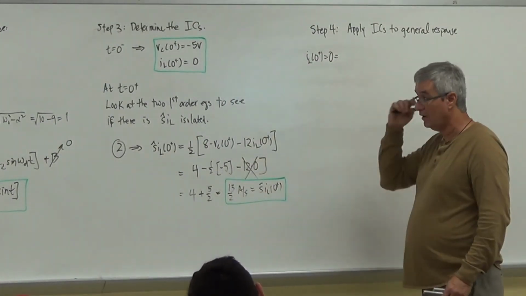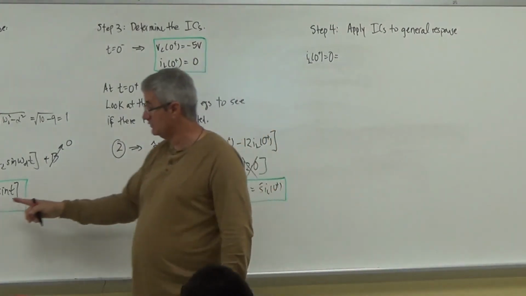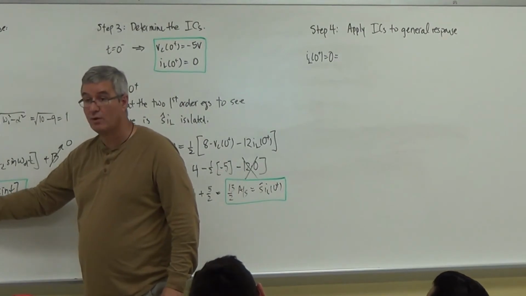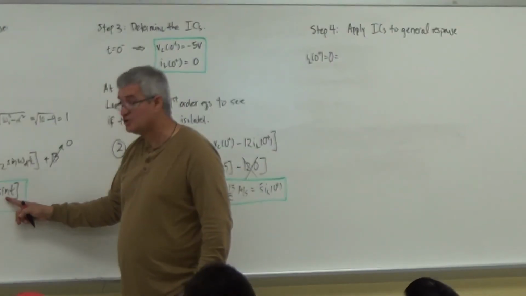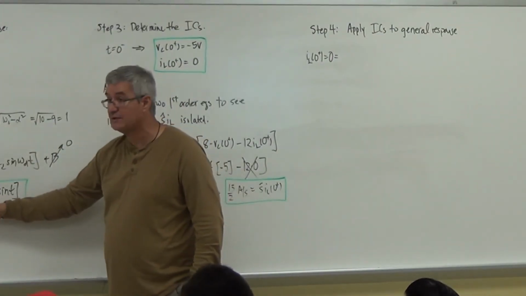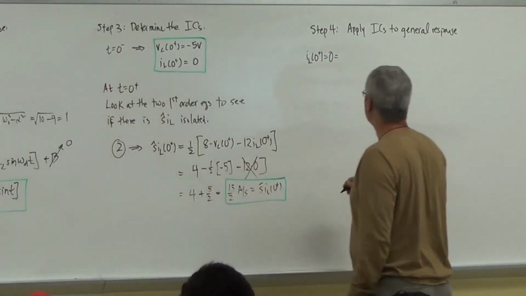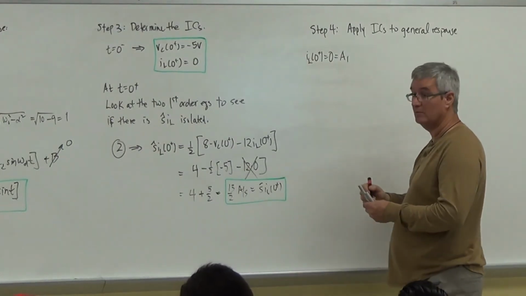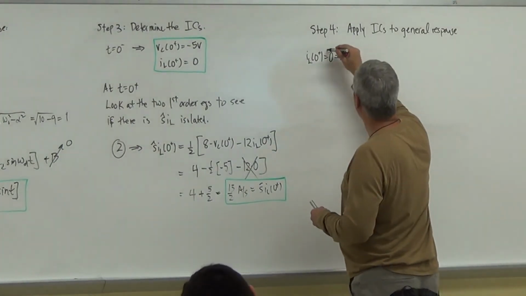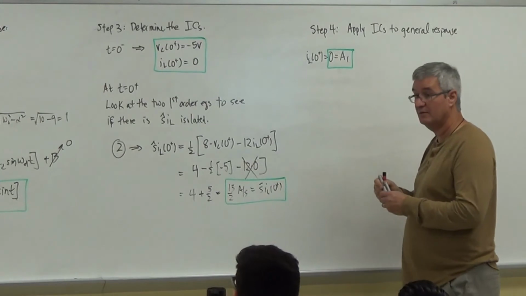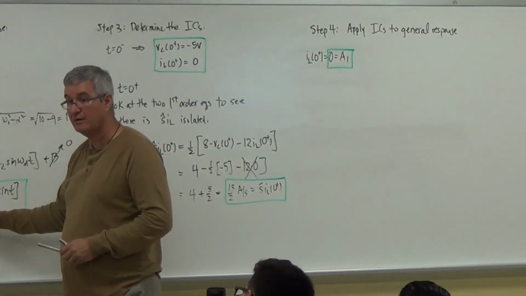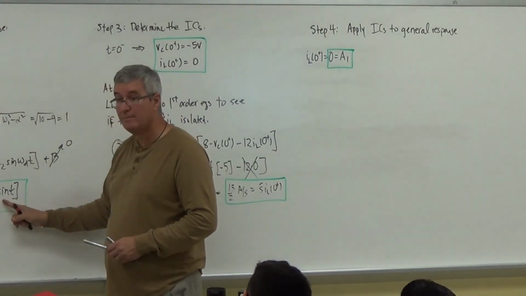And then I come in, and I'm going to put 0 into this guy right here. If I put 0 in here, that's 1. The sine term disappears, so I'm only left with A1. So that means here that I end up with A1 equal to 0. So when I go to my equation here, you can see that this term right here is now gone. I only got to worry about this term.